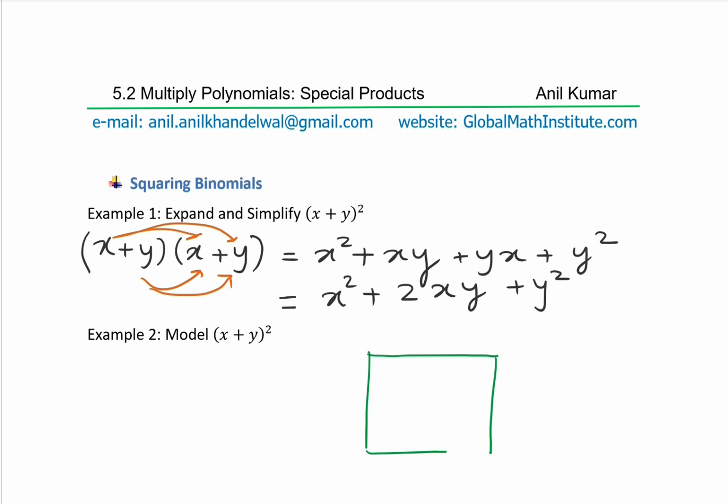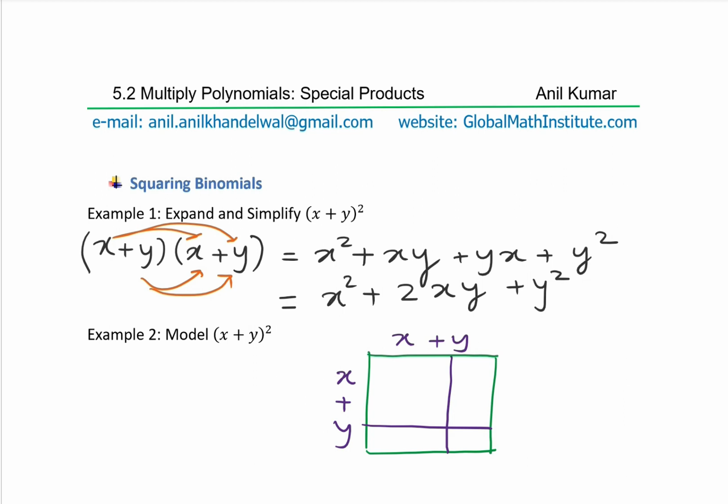So let me make a square here. And in this square, we have the sides which are x plus y and x plus y. So let's say x is that long and y is slightly shorter. In that case, we get a tile which could look like this.